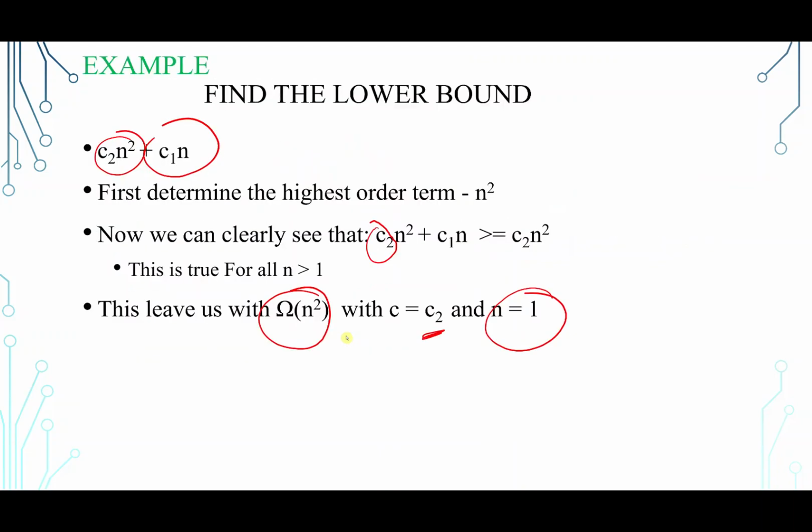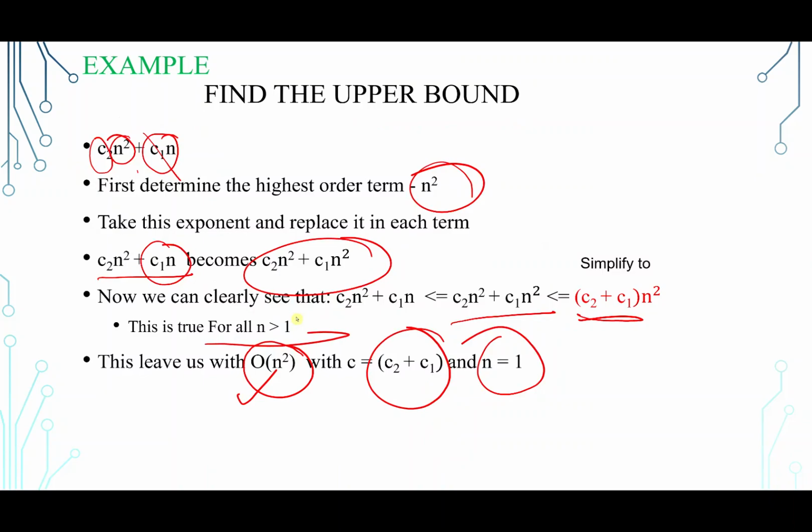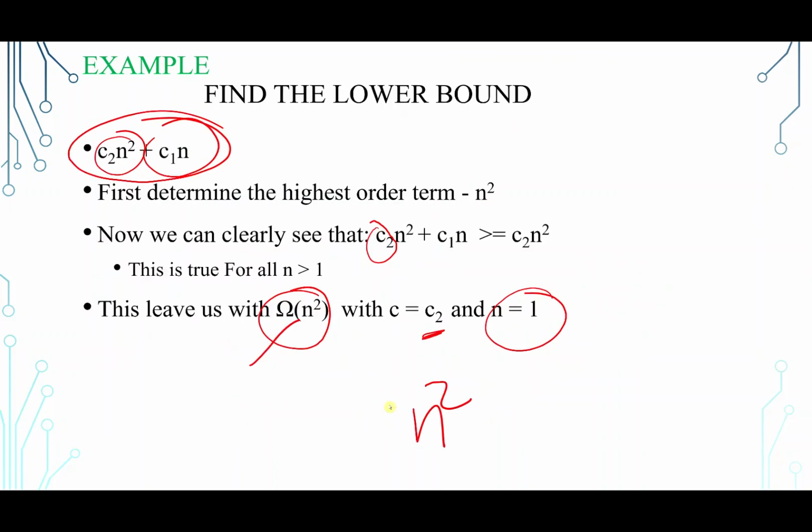So this function is also big theta of what? Of n squared. Why is that? Because the big omega of it was n squared, and the big O of it was big O of n squared. Now, the only change is within the factor. This factor is C2 plus C1, and this factor is C2.